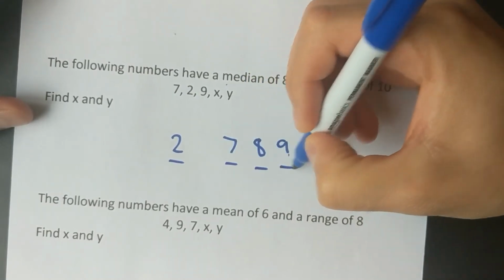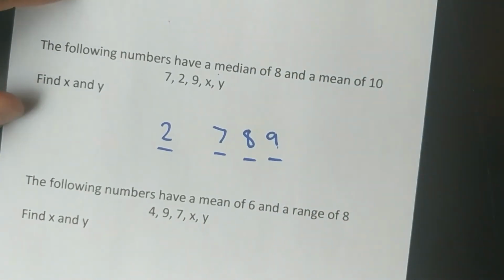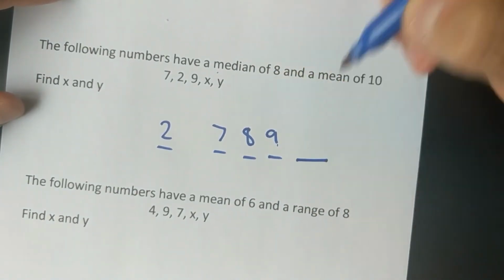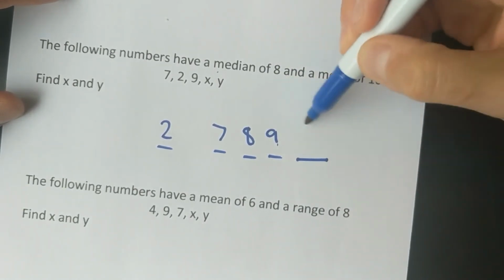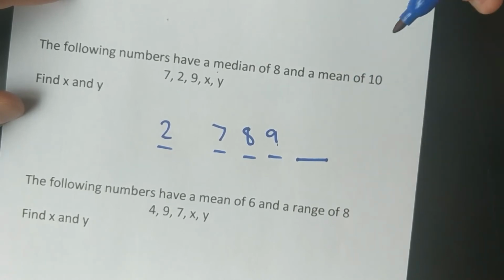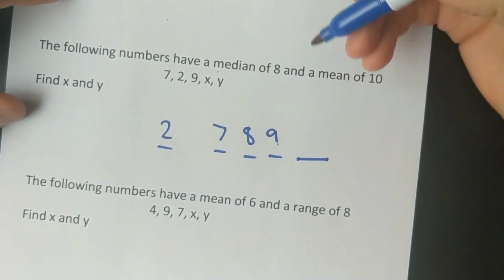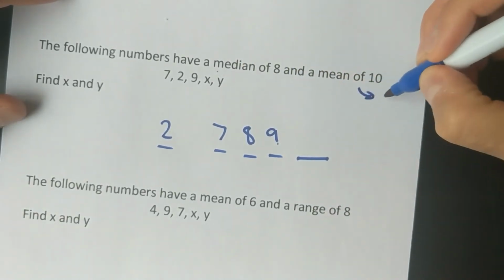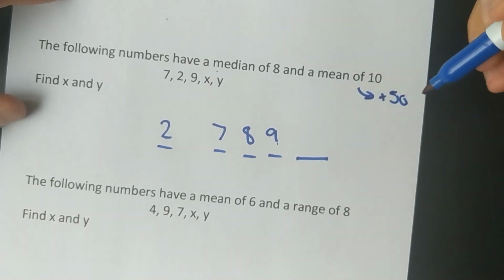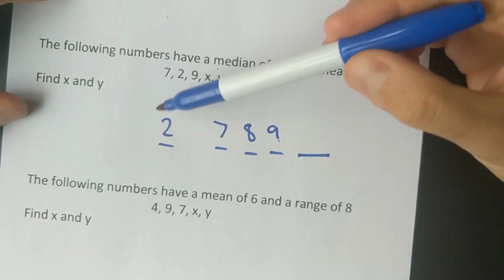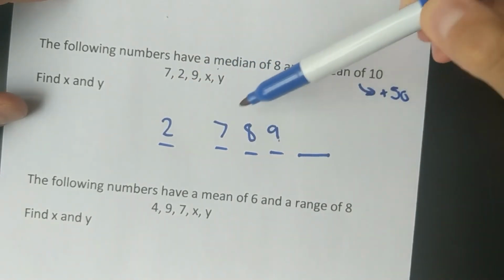So I've got 4 numbers already. Here, if my median is going to stay as 8, that means I'm going to have another number over here, so that is in the middle. Mean of 10, so if 5 numbers have a mean of 10, it's going to have to add up to 50. 5 numbers, mean of 10, 5 times 10 is 50. So this adds up to 10, 19, 26.